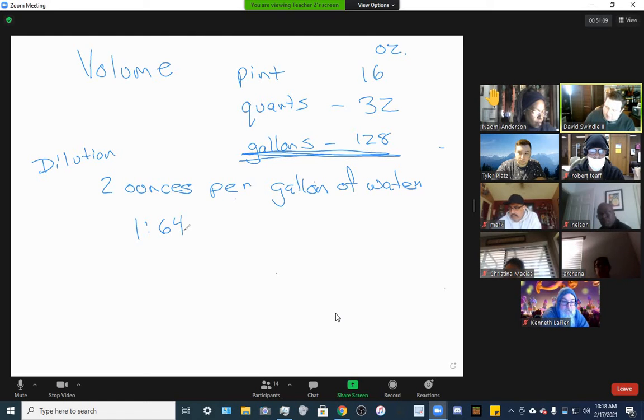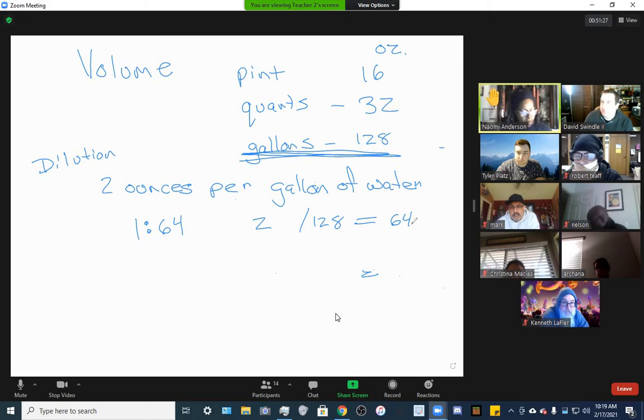Here's how they came up with that number. We said there was 2 ounces and there's 128 ounces in a gallon. So if we divide 2 into 128, it equals 64. Does that make sense? Okay.